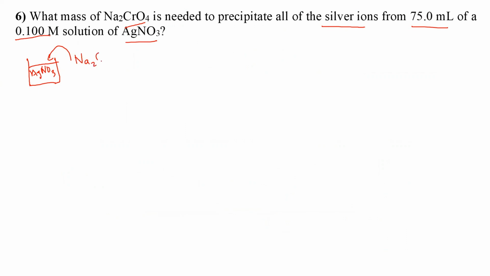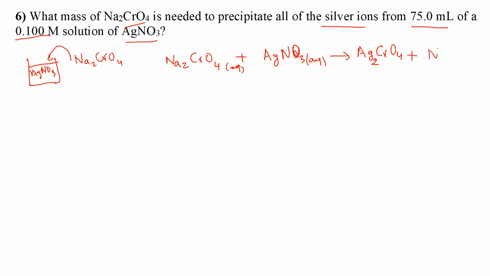sodium chromate. So what will happen? We can write the reaction. We already wrote sodium chromate from the previous slide. Sodium chromate will react, this is aqueous, anything with sodium is soluble, plus silver nitrate, anything with nitrate is soluble. Then we will have silver chromate, 2 times, plus sodium nitrate.